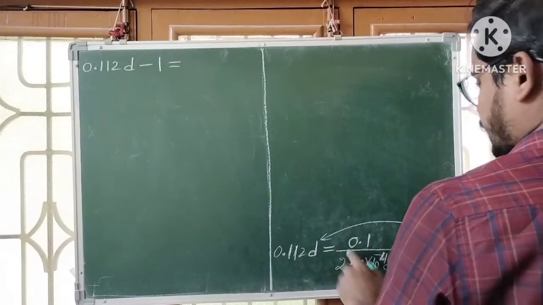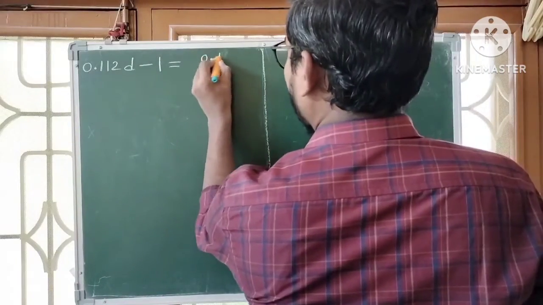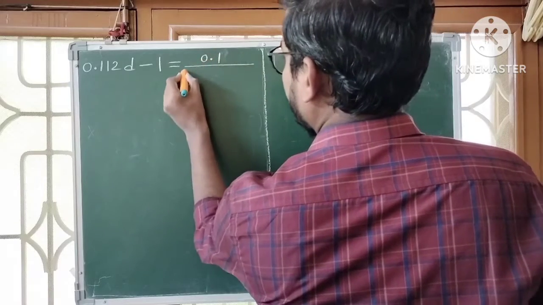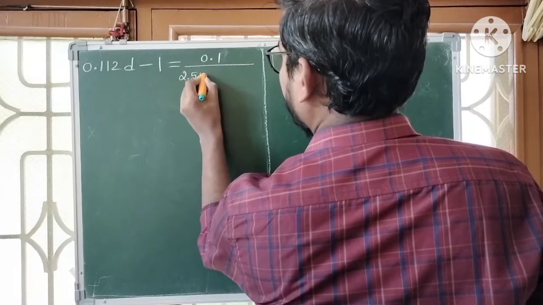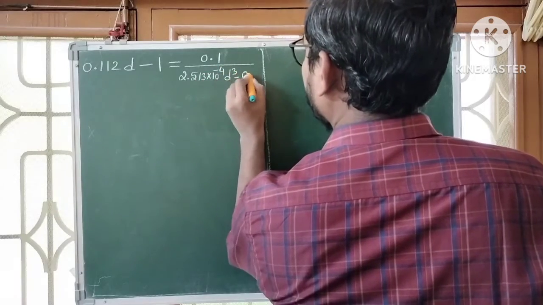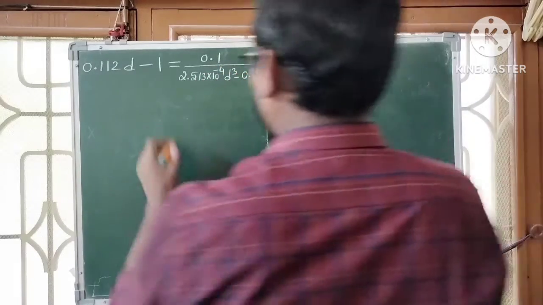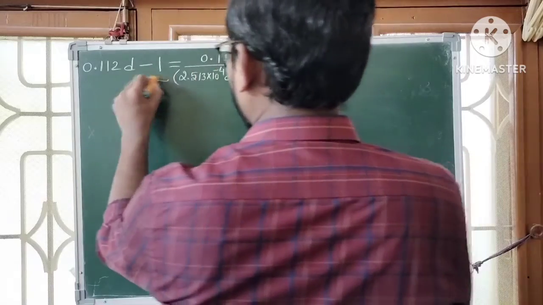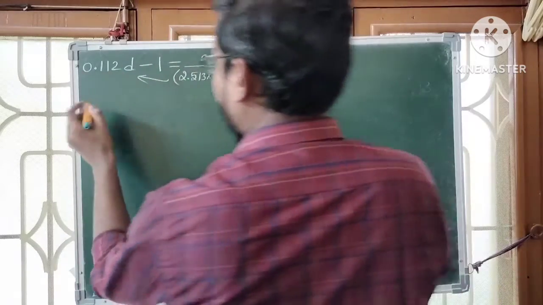Next, 0.1 divided by 2.513 into 10 to the power of minus 4 d cube minus 0.03. Now transpose the denominator. Division becomes multiplication.